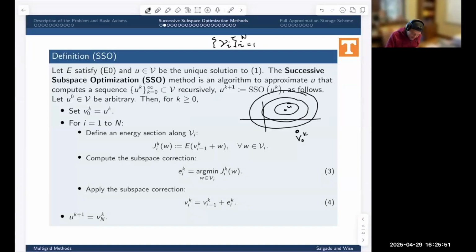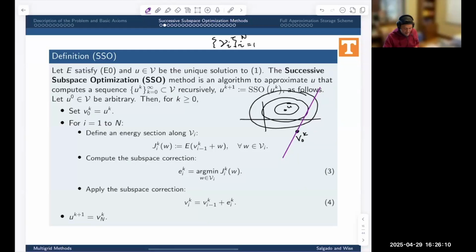Right? And the first thing is we figure out, well, what's the first direction we're going to look in. And so these aren't necessarily one-dimensional subspaces, but we're going to pretend they are. So if you pretend it's a one-dimensional subspace, then you create an energy section along that dimension, okay?